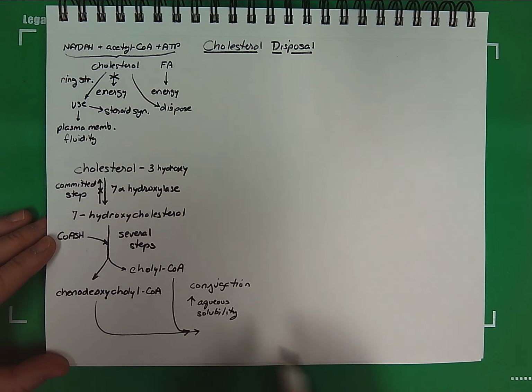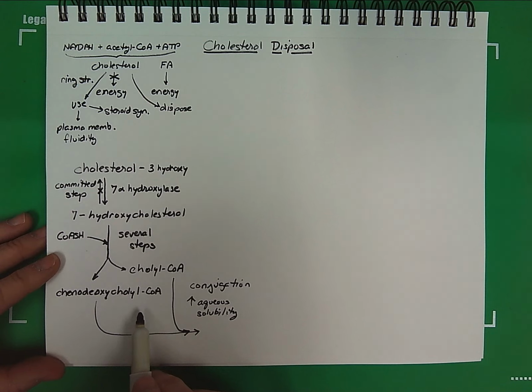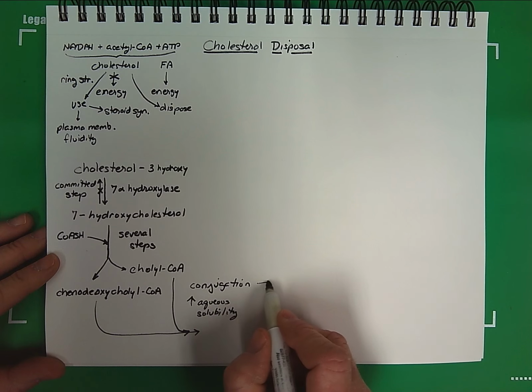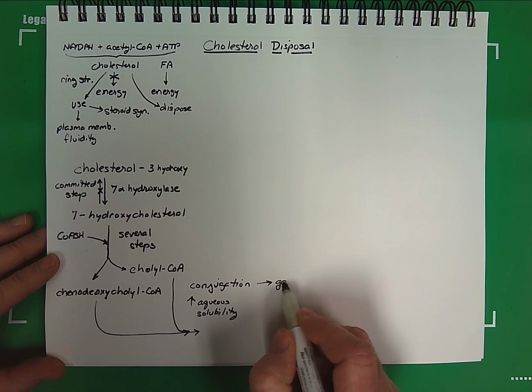Recall that the cholesterol structure has the hydrocarbon ring structures, which are very hydrophobic. The hydrophobicity can cause chemical problems in disposal of cholesterol. These products of this conjugation are going to be stored in the gallbladder.